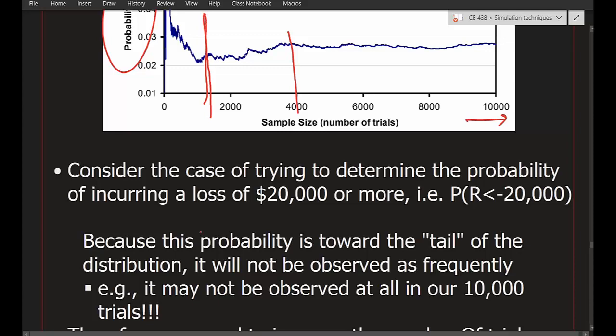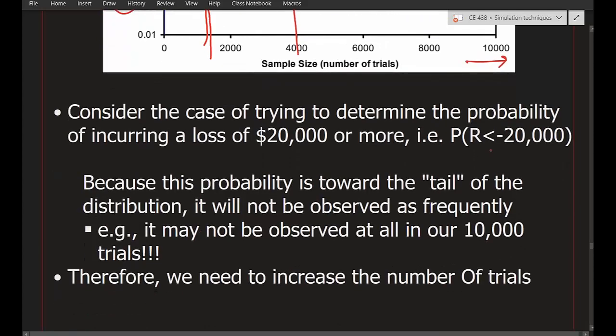But now let us consider the case of 20,000, as we were discussing. If I am considering a loss of 20,000, this probability is towards the tail of the distribution.